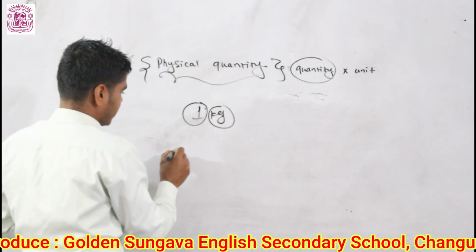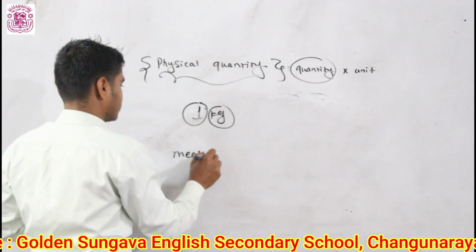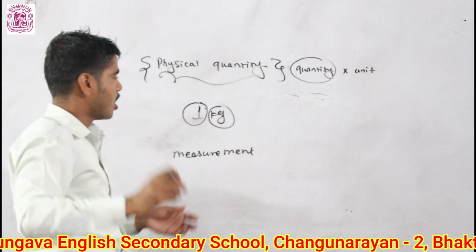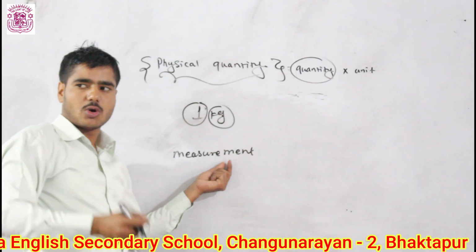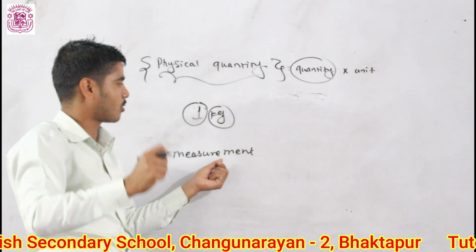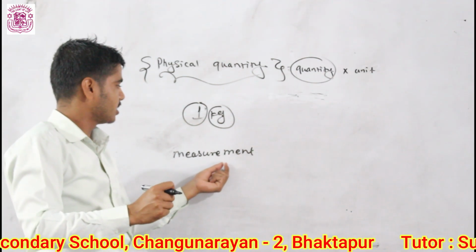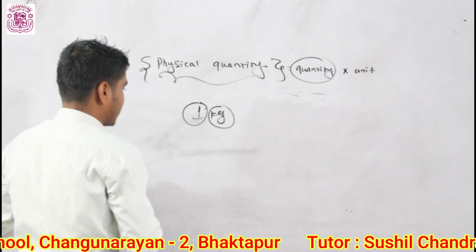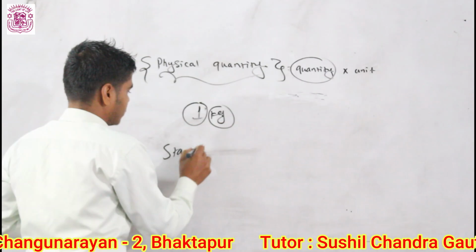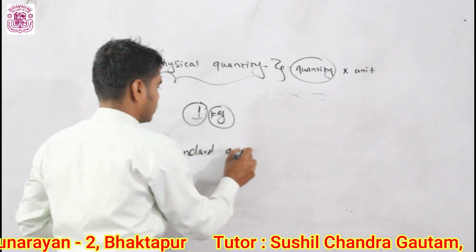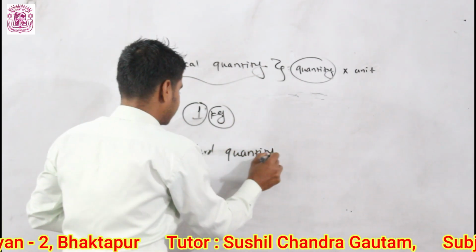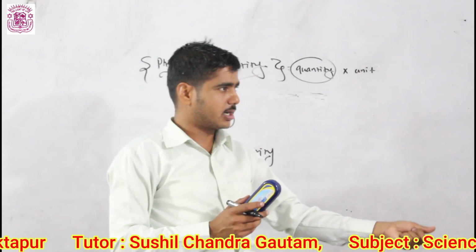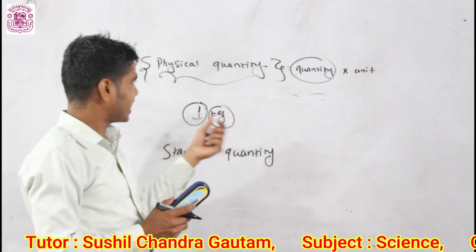Let's introduce the term measurement. Measurement is the comparison of an unknown physical quantity with a known standard physical quantity. What is a standard quantity? You should be clear about it. Suppose you go to the shop and ask for 1 kg apple.